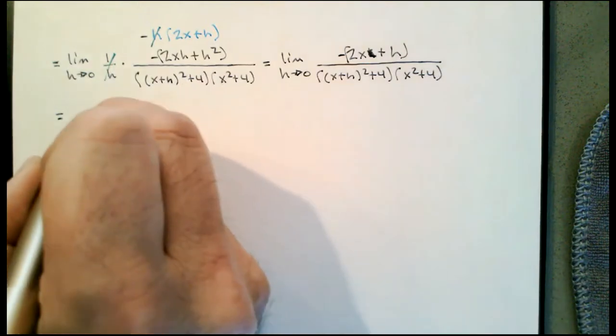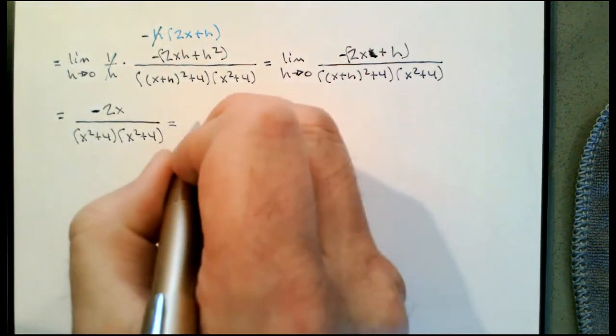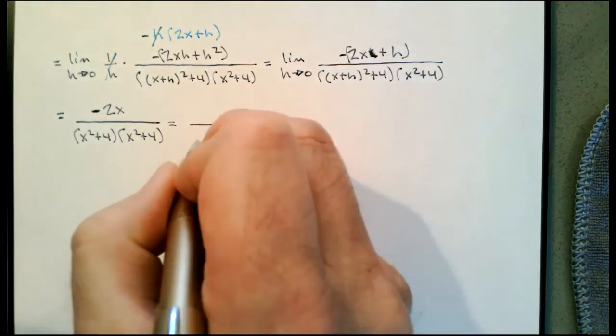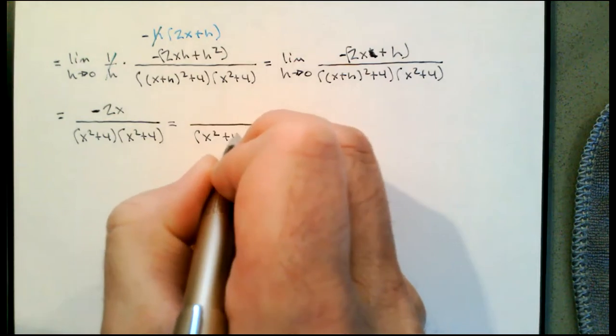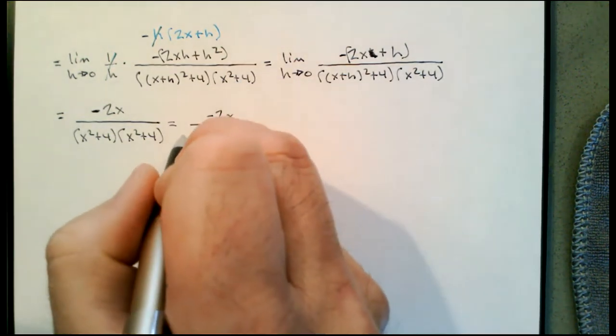Thank you. Now I can still plug in h equals 0 to evaluate the limit. And in the denominator, I've got 2 copies of x squared plus 4 now that I've plugged in h equals 0. So I can simplify that as (x squared plus 4) squared underneath a negative 2x.